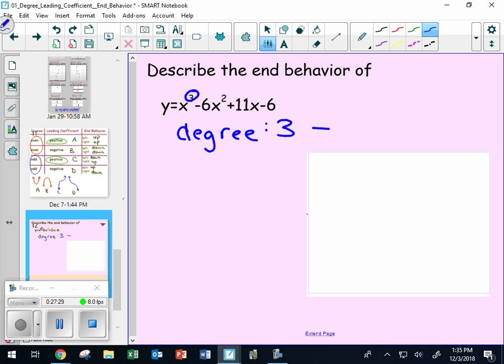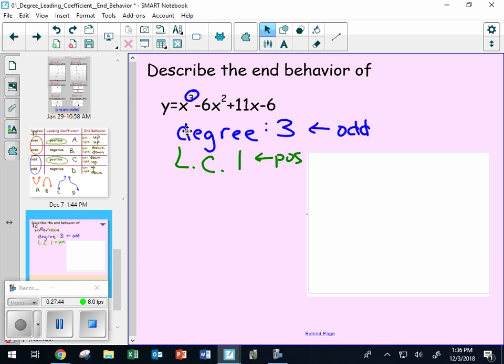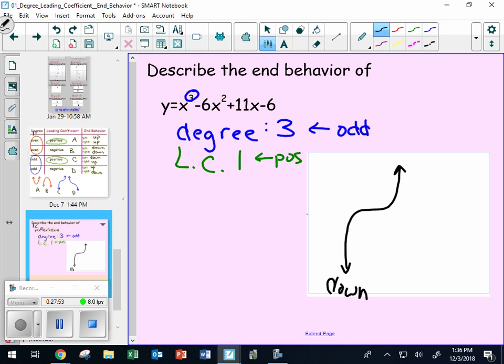So 3 is odd. And now we have a leading coefficient. What is our leading coefficient on that term? 1. And 1 is positive. So if we have something that is positive and odd, based off of our table, what will our end behavior look like? It'll look down, up. So you'll have a graph like this, which will give you down on the left and up on the right.